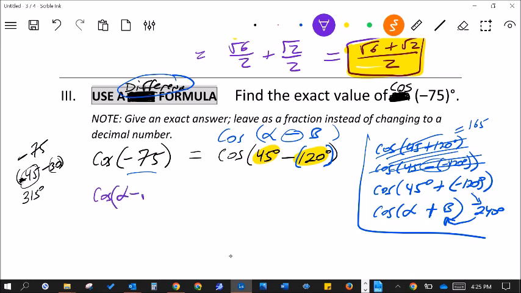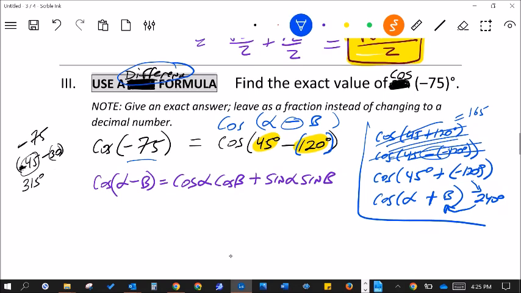cosine alpha minus beta is equal to cosine alpha cosine beta plus sine alpha sine beta. So both cosines come first, and then you add the two sines. So using the unit circle then, that's 45 and that's 120.